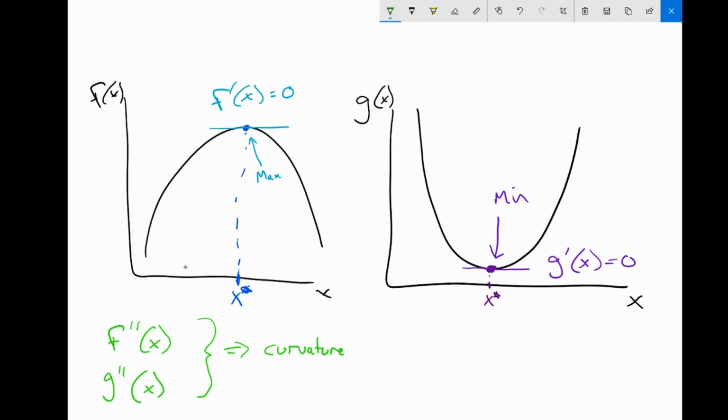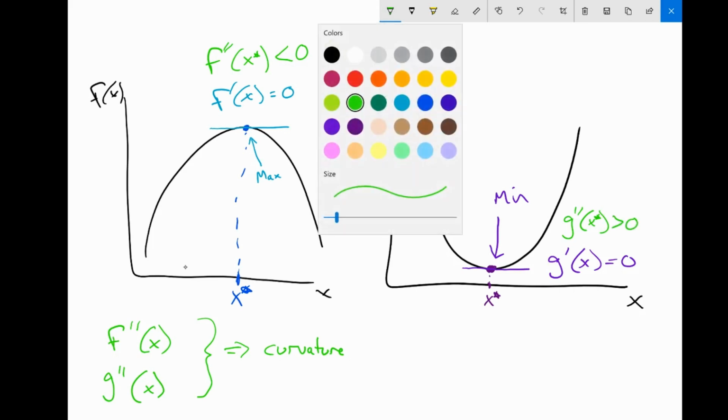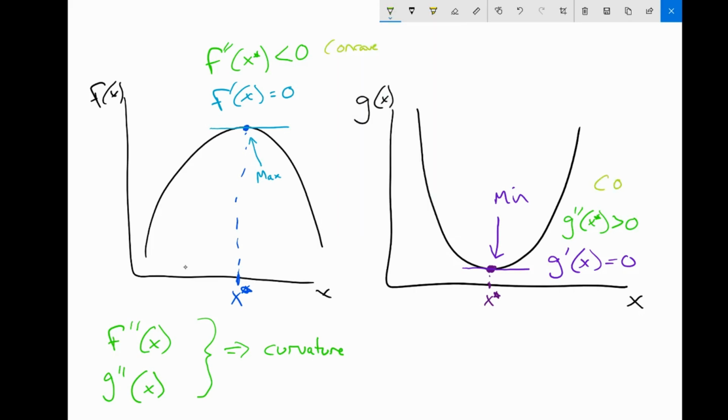So, building on that, let me ask you this question. What is the second derivative of f of x at x star? Is it positive or negative? You'll remember it's negative. This implies concave. What is the second derivative of g of x at x star? Well, it's positive. That implies convex.